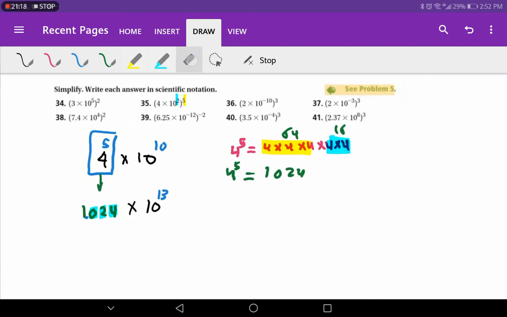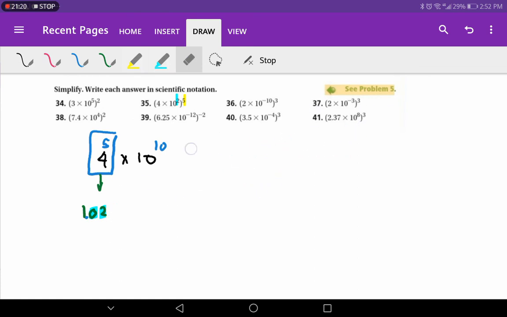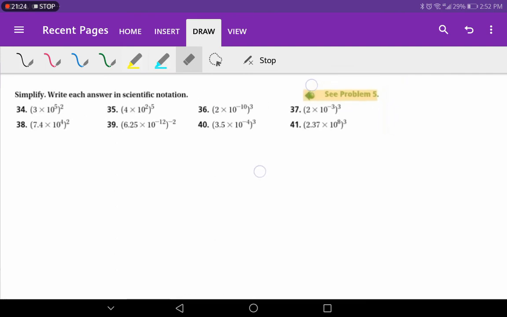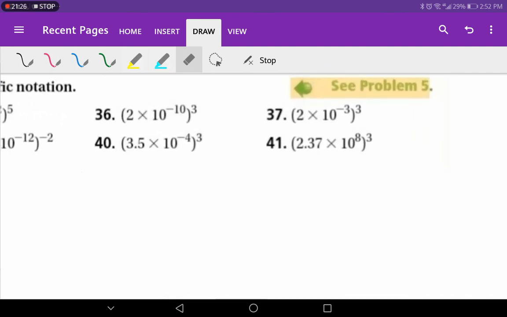It will be easier for you. Okay, here the 3 will visit the negative 10, it will be negative 30, and the 3 will visit the power 1, this is power 1, remember, it will be 2 to the power 3 multiply by 10 with power negative 30. You know from where I get it.